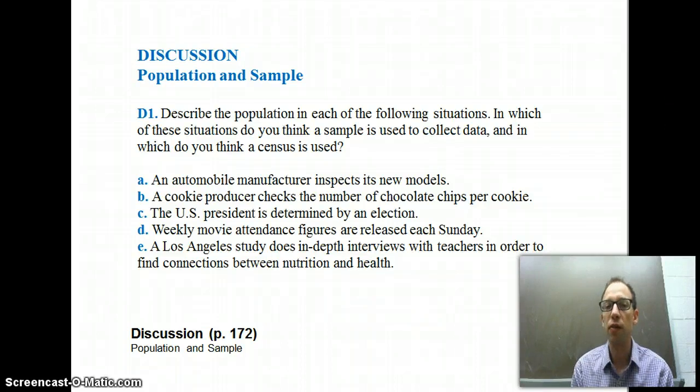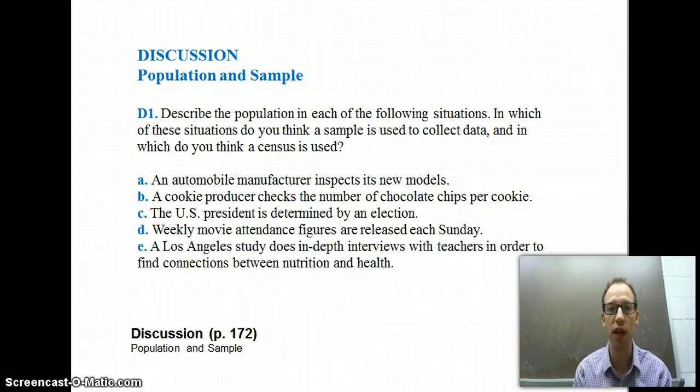An automobile manufacturer inspects its new models. I don't know that there's a clear answer to this. It really depends on how in-depth the inspection is. If it's a really brief overview, let's check the brakes, let's check the gas, then probably each one is inspected.